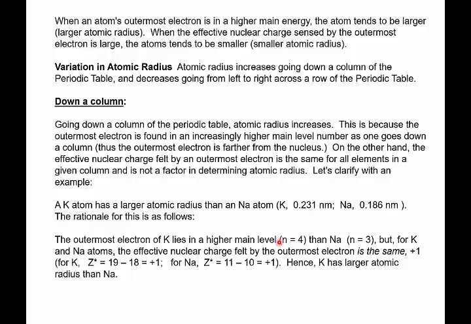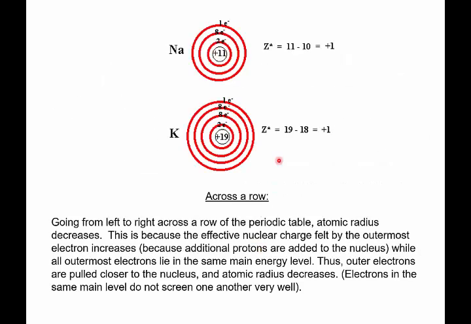Therefore, potassium would have a larger atomic radius. Its outer electron lies further from the nucleus. The effective nuclear charge is the same for both potassium and sodium. The diagram shows all of this. Potassium is larger because its outer electron lies in layer number 1, 2, 3, 4, whereas for sodium, the outer electron lies in layer number 3.